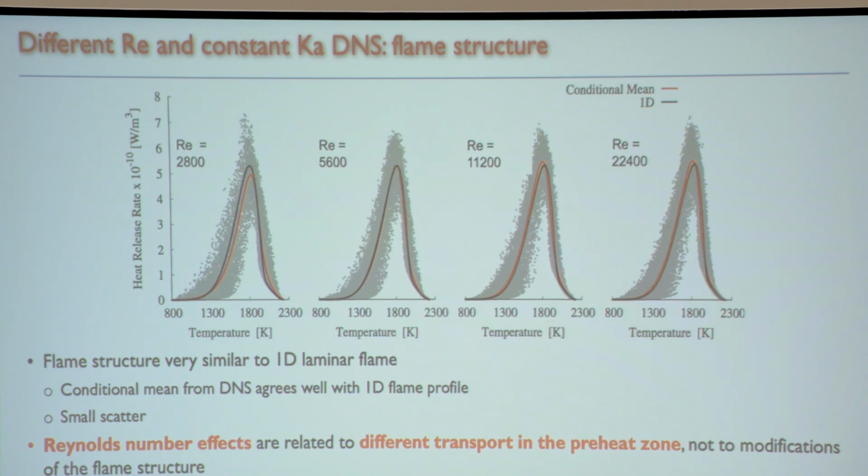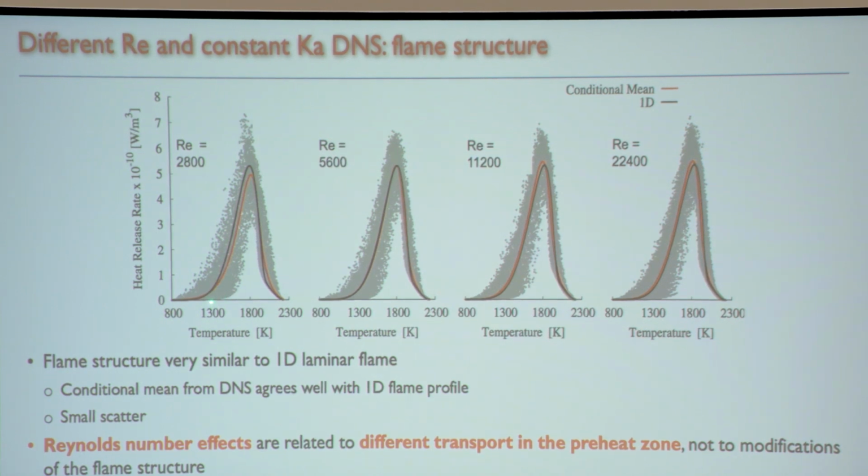And then we can look at the flame structure. For the 4 different flames, this is the heat release rate as a function of temperature. Each locally evaluated heat release rate and temperature is plotted with these points, and the red line is the conditional mean.